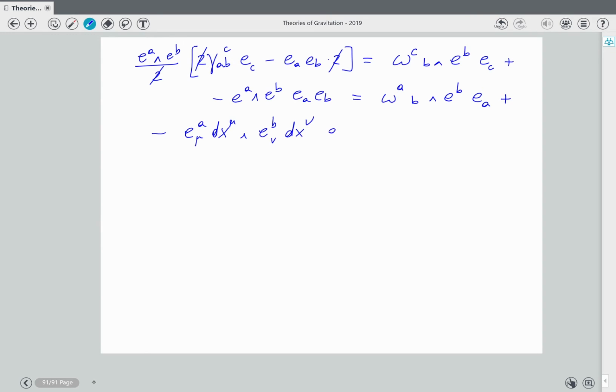And also for the vector fields, EA, that will be partial x rho, EB, sigma, partial x sigma.